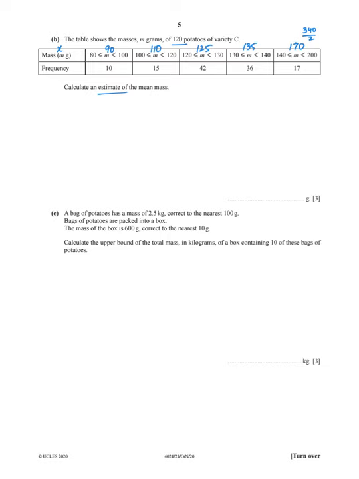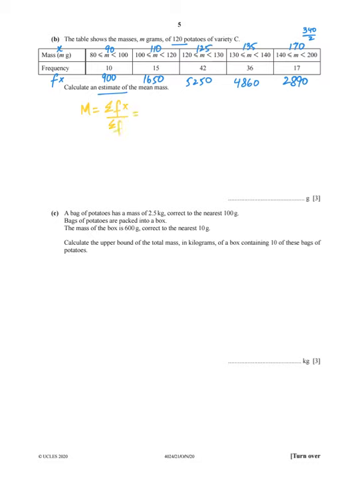Now we need to multiply frequency and the midpoint. So 10 into 90 is 900, 15 into 110 is 1650, and we need to find the other three values. Once we have all the values, we apply the formula of the mean, which says summation of fx divided by summation of f.